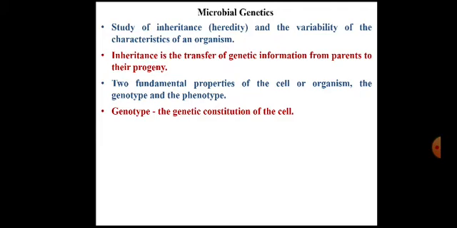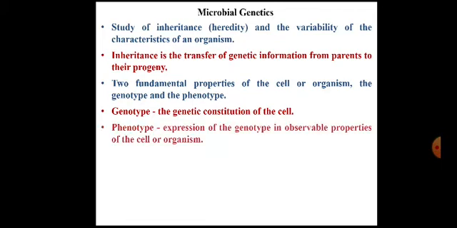In a eukaryotic cell, for example a protozoa or a fungal cell or an algal cell, this DNA is present in a compartment called the nucleus. The nucleus contains chromosomes, and each chromosome consists of double-stranded DNA. So this is called the genotype. It is the set of genes present in an organism.